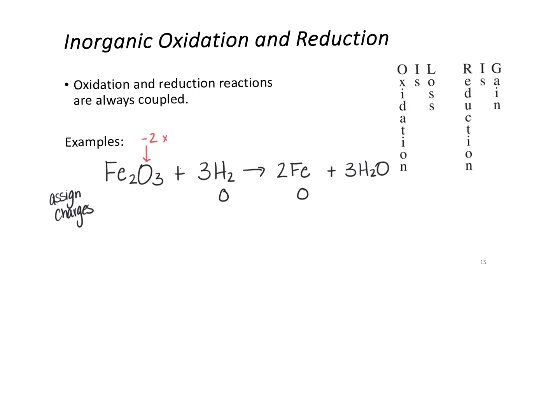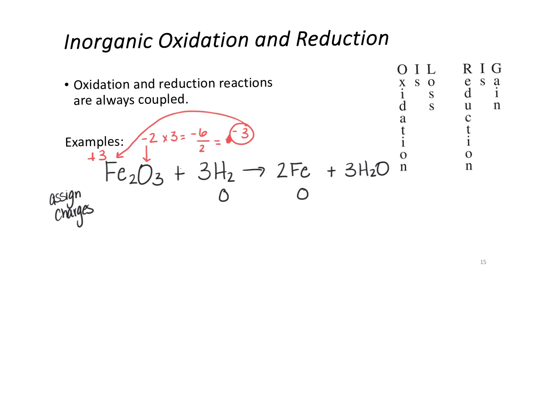So -2 times 3 gives us a total of a -6 charge. There are 2 irons here. So to figure out the charge on the iron, we take the -6, we divide it by 2, and that gives us -3, right? And so the iron has to cancel out a -3. So that means that iron's charge right here is a +3, okay?